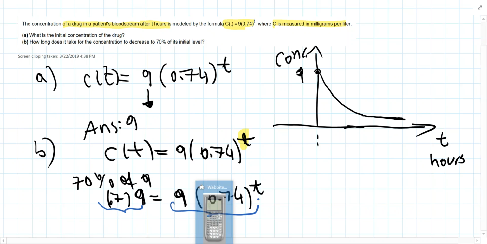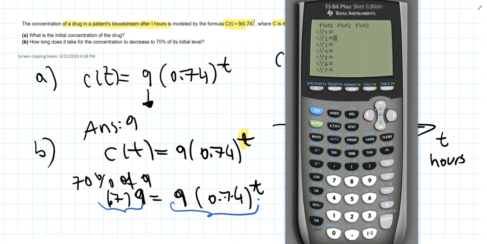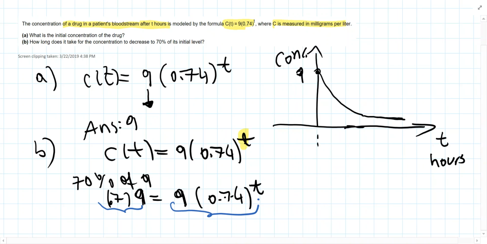So 0.7 times 9 is 6.3. So I'm interested to see when the concentration is down to 6.3.